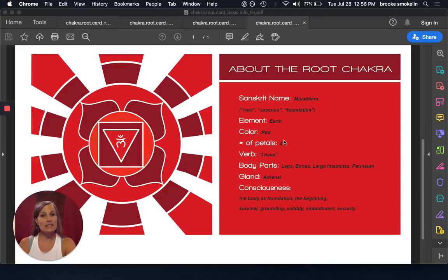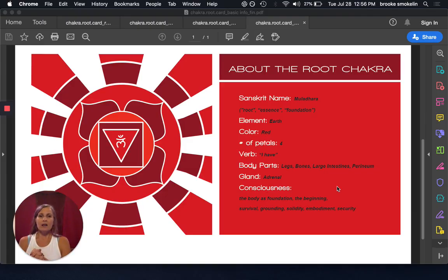The color, like I said, is red. One thing I want to say is that in different schools of chakra thought, there are different color representations, just full disclosure. In my school, in my trainings and teachings, this red and rainbow representation is what holds true.